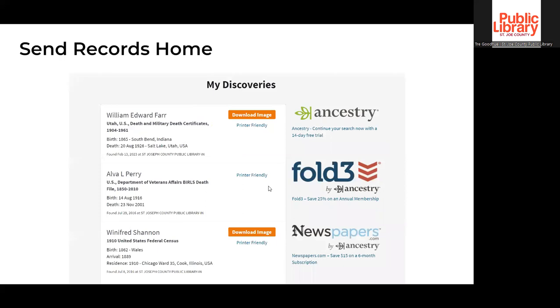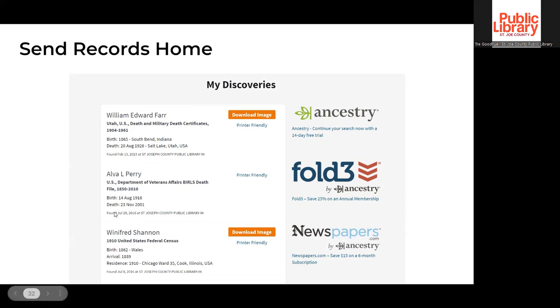That's called My Discoveries. And everything you've ever sent using that feature will appear on this list, unless the content has changed. For example, here on the second one, that button is missing. Download image is gone. That's because that record doesn't exist anymore. And notice that here, I've sent that death certificate home and it tells me I did this on February 13th.